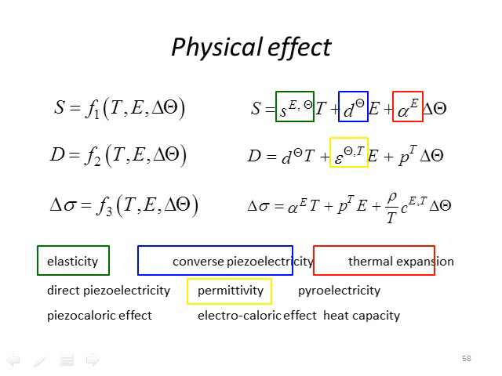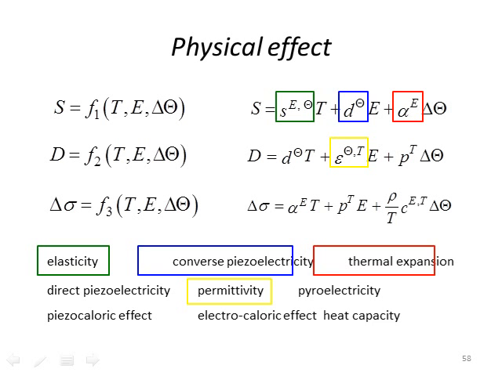Then we can expand this using our internal energy. S is equal to a small parameter s^E_theta times the stress, plus d_theta E, plus alpha^E delta theta. And we could do the same thing with the dielectric displacement, and we get a series of three terms with these leading coefficients, and then also the change in entropy.